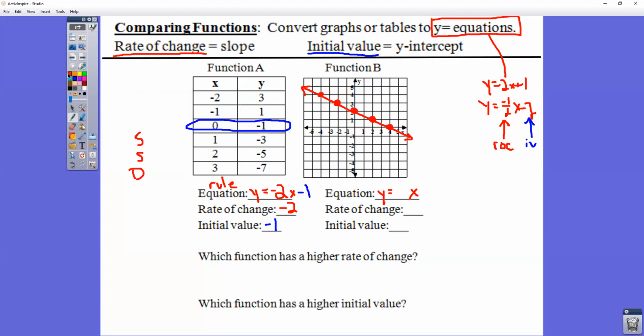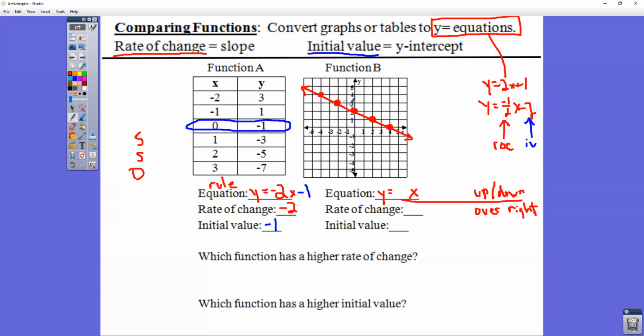When we take a look at our graph, your rate of change or your slope, the top number is how many you go up or down. And then the bottom number is how many you go over to the right. So this is always written as a fraction, the rate of change, which is the number in front of our x.